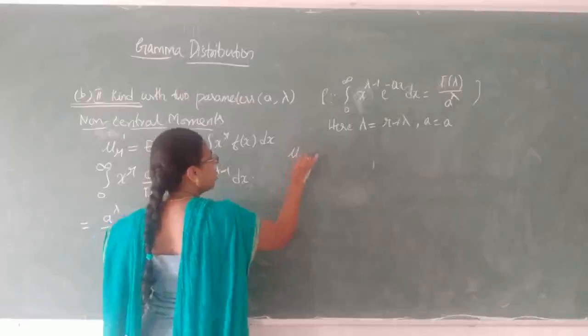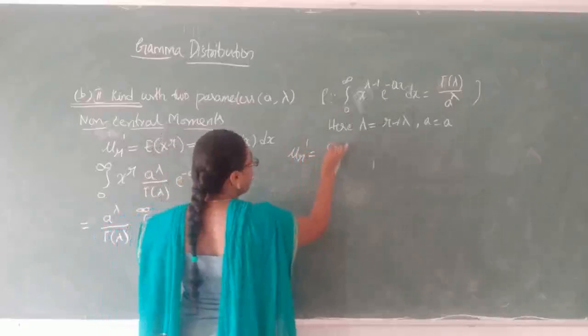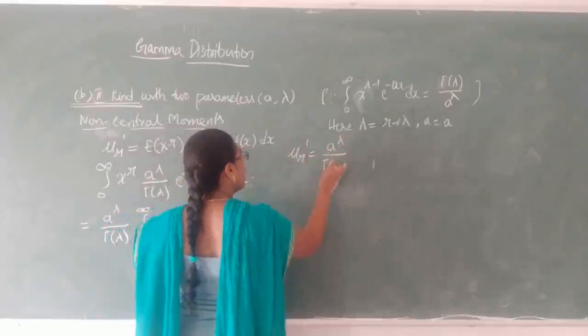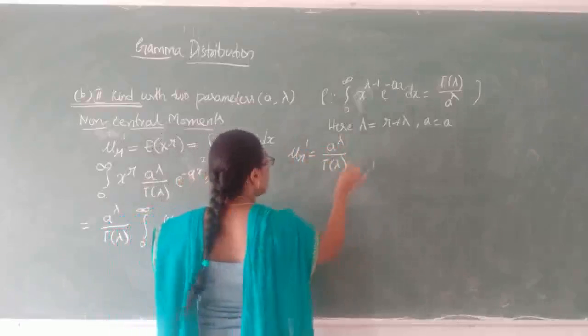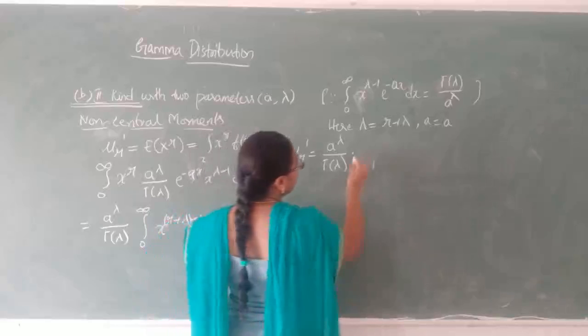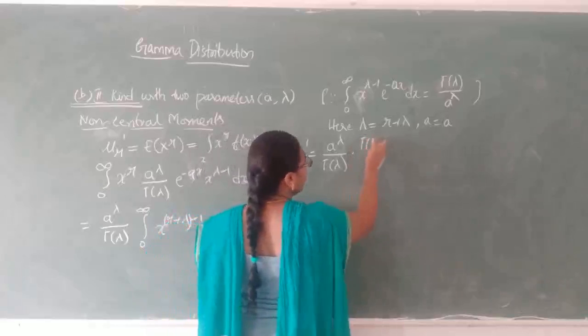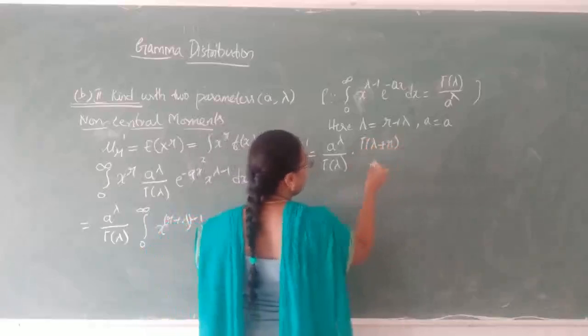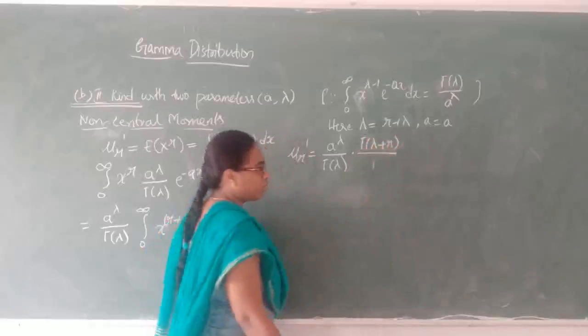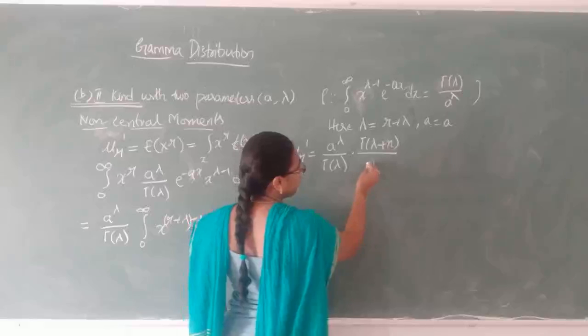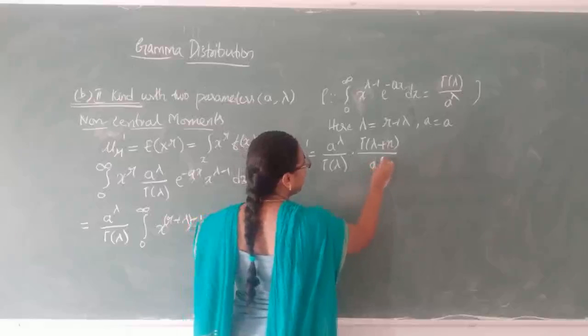mu r dash equals a power lambda by gamma of lambda into gamma of lambda plus r, or you can write r plus lambda also. Anything is the same, right? So by a power lambda.